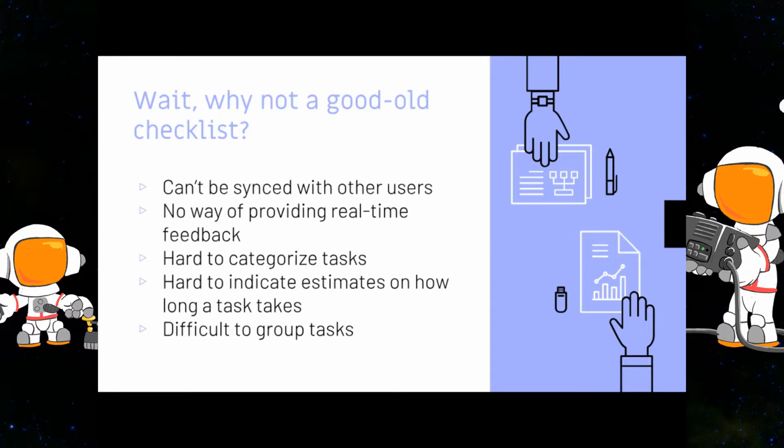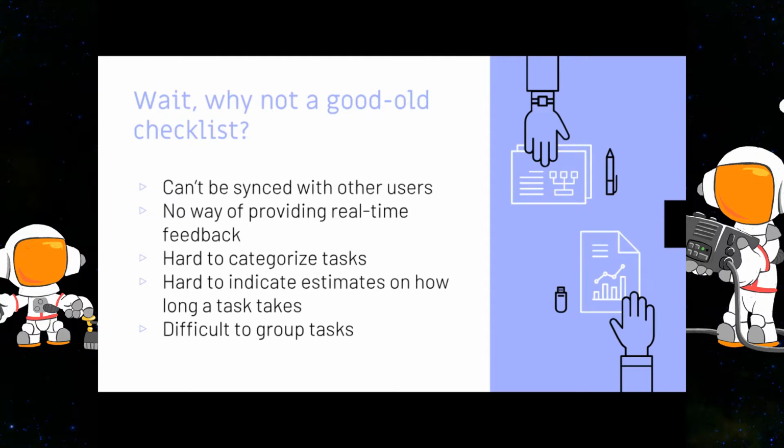Despite the fact that a lot of these that I listed out come in all sorts of varying difficulty and usage. But anyways, especially if you're working in a team, checklists are no good because you can't sync them with each other. You need to be able to see what each team member is doing, believe it or not. And an online task manager is a fantastic way of doing that. There's also no way of providing real-time feedback on what's going on.